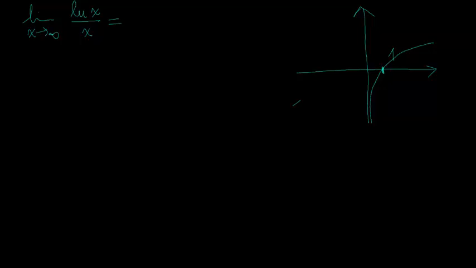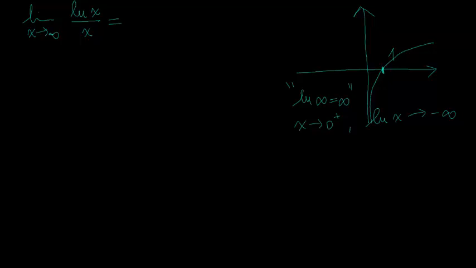So what we have here is that ln of infinity, again I'm abusing notation of limits here, will in fact be infinity, and as x approaches 0 from the right, ln of x will actually approach negative infinity. So that's what we can observe from the graph.